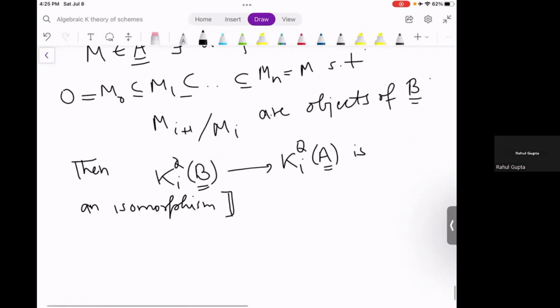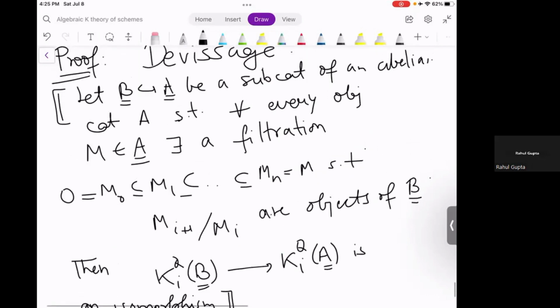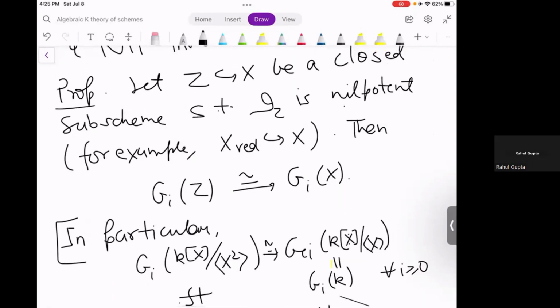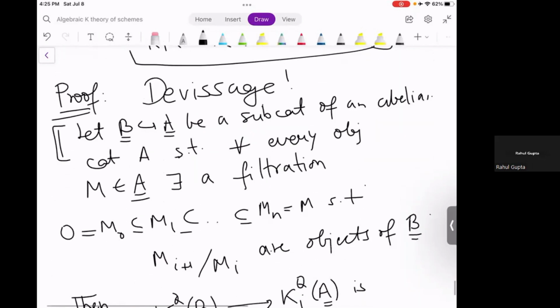Now we have to apply the resolution theorem to our case, where we have to show that G theory of Z and M of X are the same.